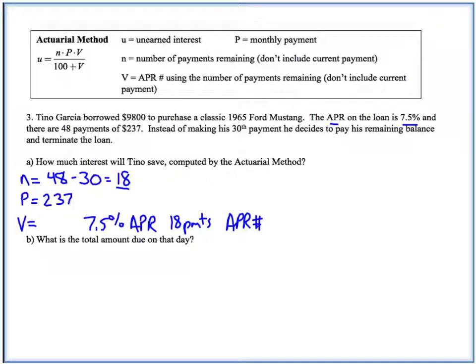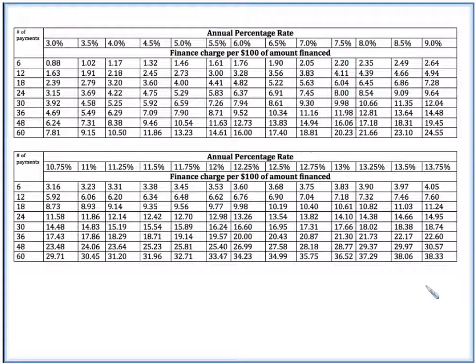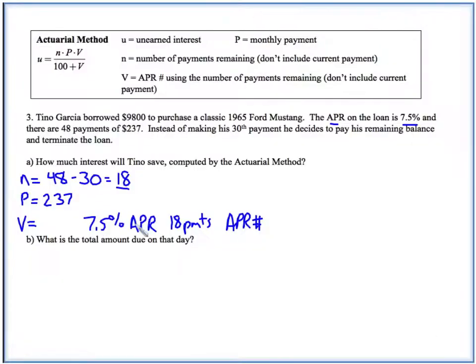So we wanted 7.5% APR with 18 remaining payments, and that's going to give me an APR number of 6.04. And that is what we use for letter V.